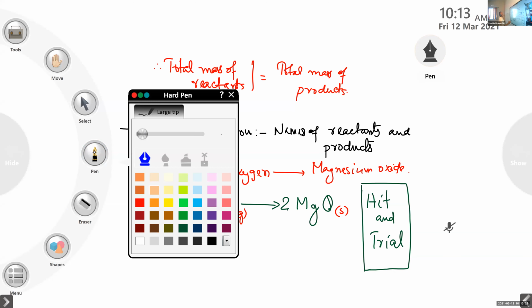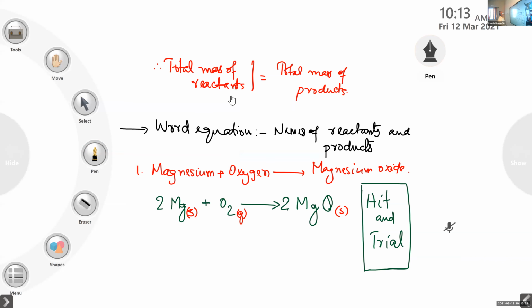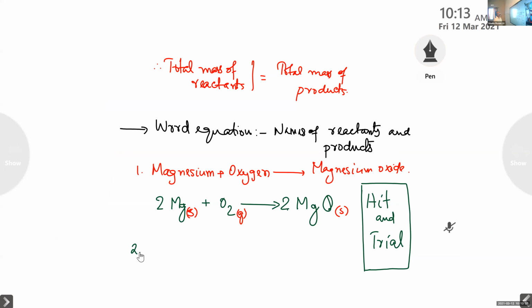Another reaction: the reaction of zinc and dilute sulfuric acid. Do you remember the reaction? Zinc granules are taken in a conical flask. Zinc granules means solid state.